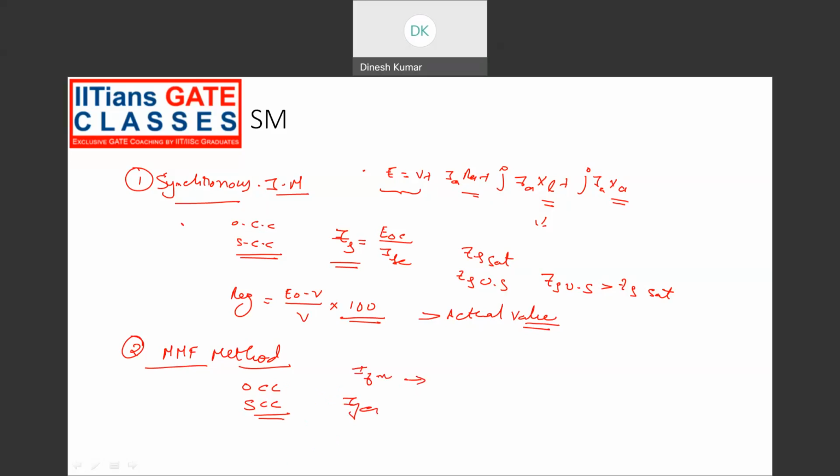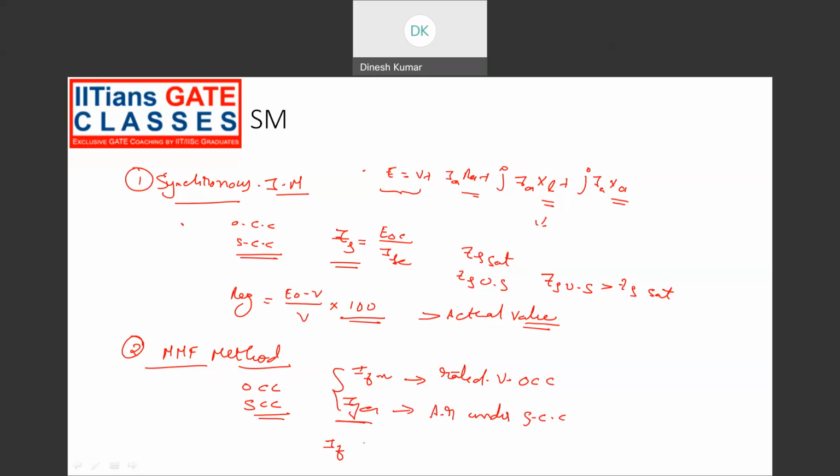IFM is the field current required to produce the rated voltage under open circuit characteristics. IFA is the field current required to compensate armature reaction under short circuit conditions. Then they find the resultant field current IF, which is the vector sum of IFM and IFA.